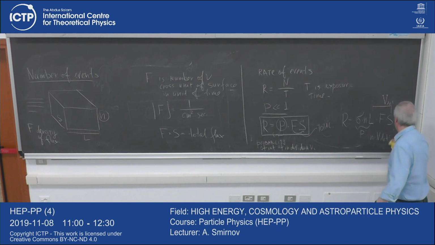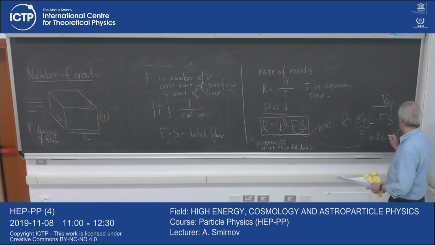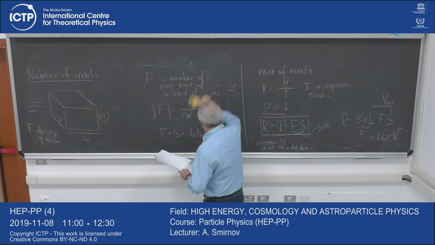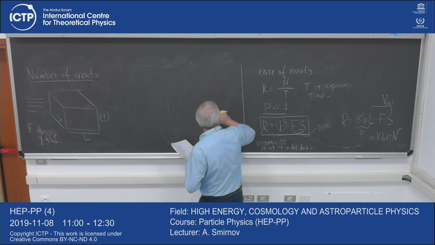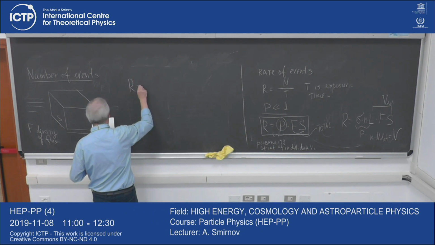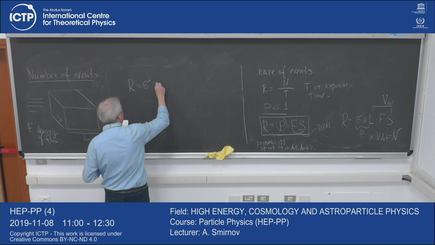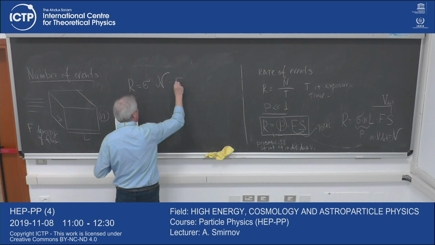So let me use a notation for this. This is the total number of particles. And therefore, we can write the rate as the cross-section times the total number of particles and times the density of the flux.